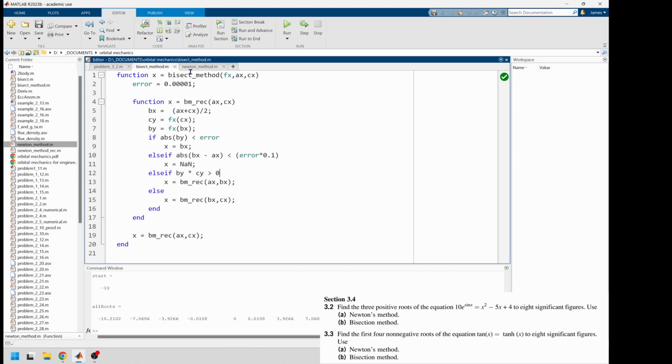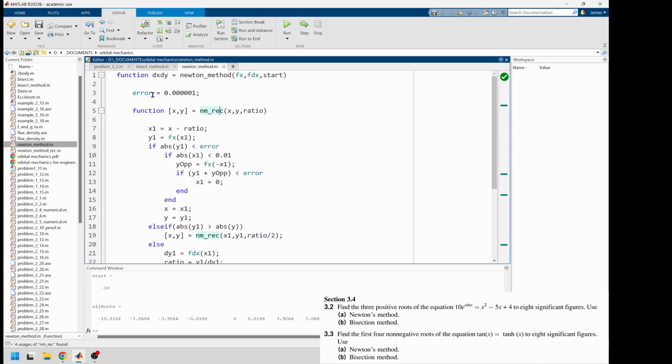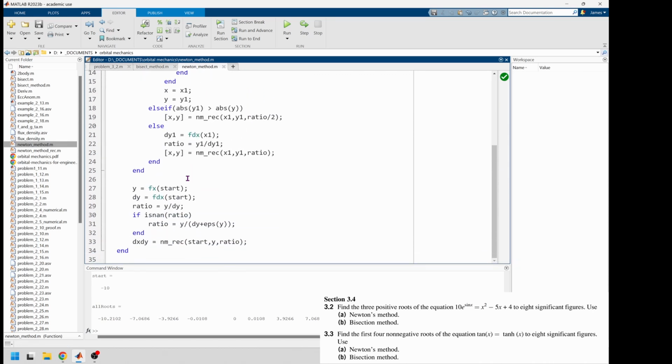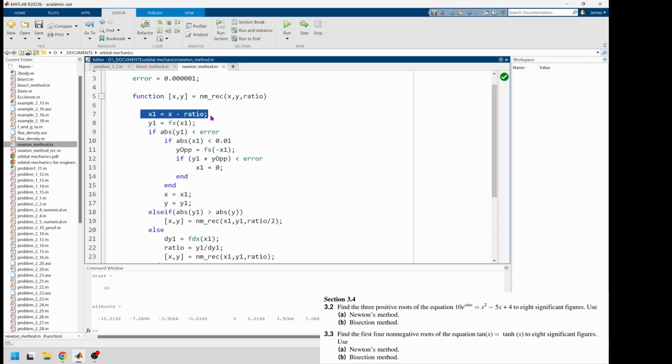It's quite simple. And then the Newton method is similar structure. Define our error, define a Newton method recursive. We're first going to get our first y value and then a first derivative y value. Then we're going to get a ratio of y over dy. If that turns out to be division by 0, just shift it a little bit and get another ratio, so at least it's a real number. And then run the recursive function, get our x1 from x minus the ratio, get our y1 from the x1.